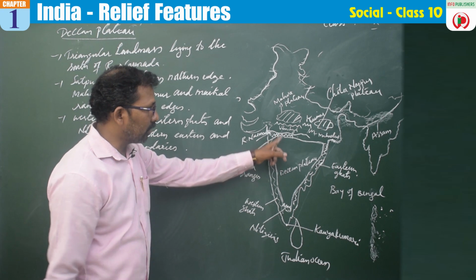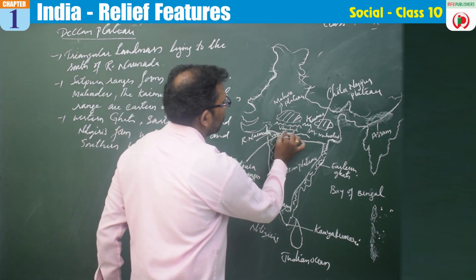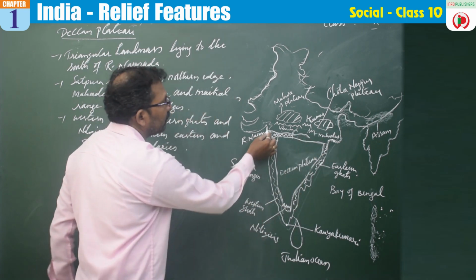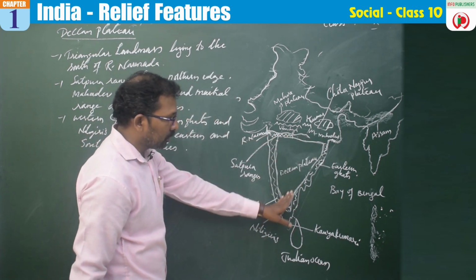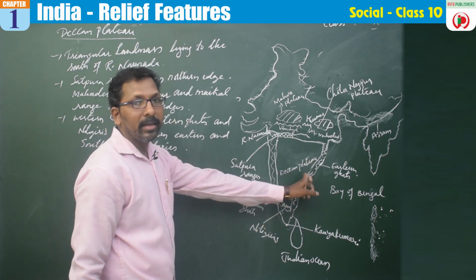You can see here, the river Narmada is flowing. Can you see this river Narmada? And to the south of this river Narmada lies the triangular mass which is called the Deccan Plateau.